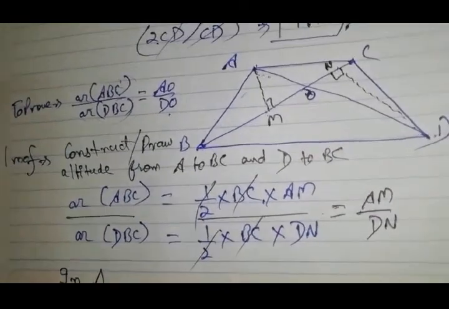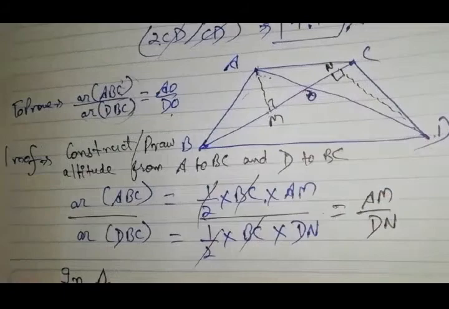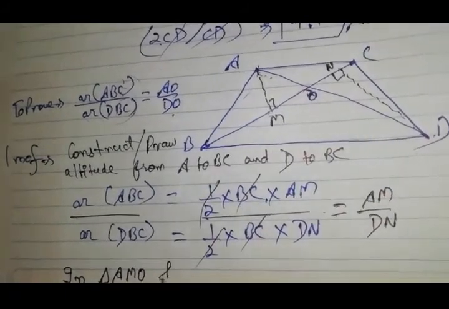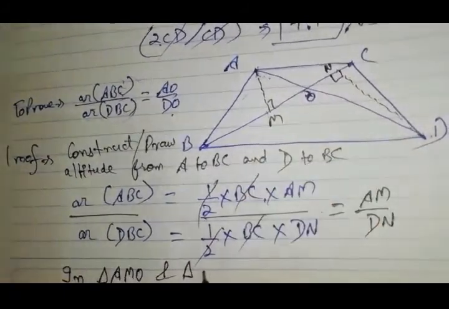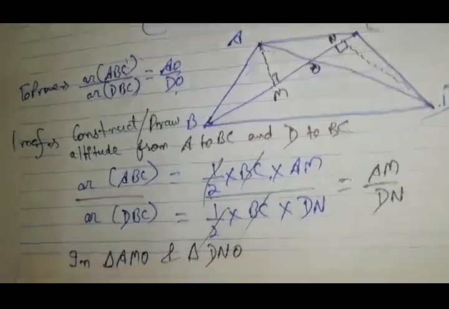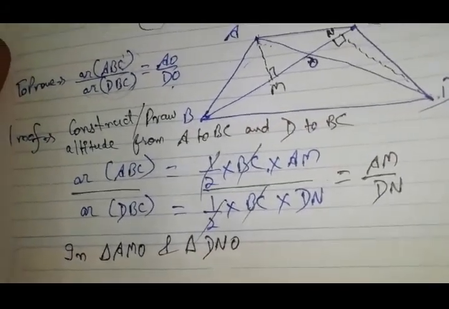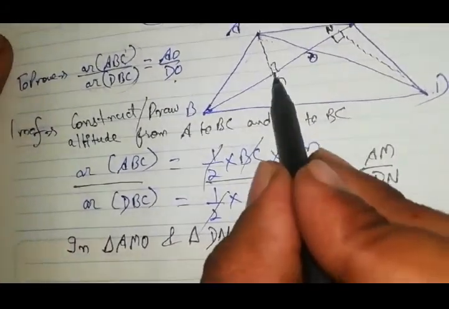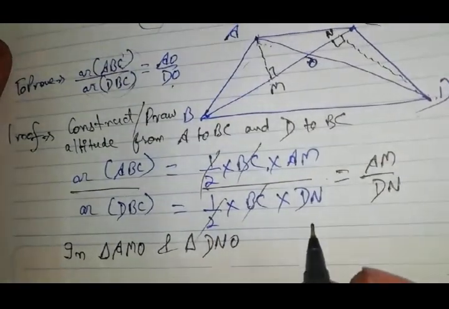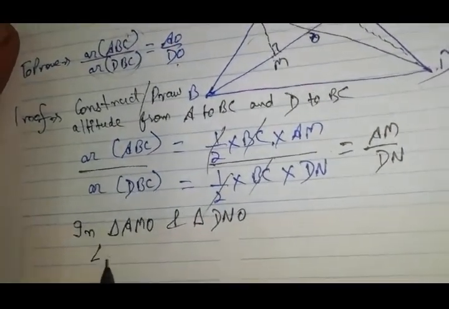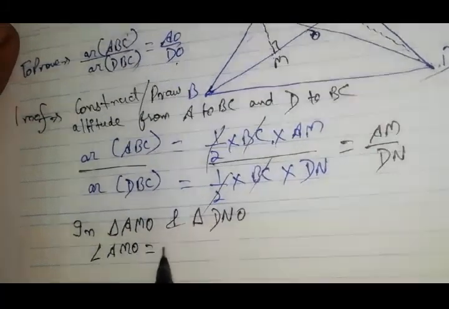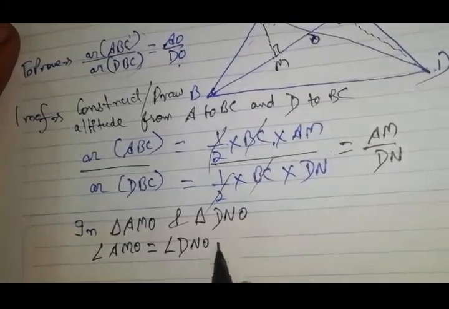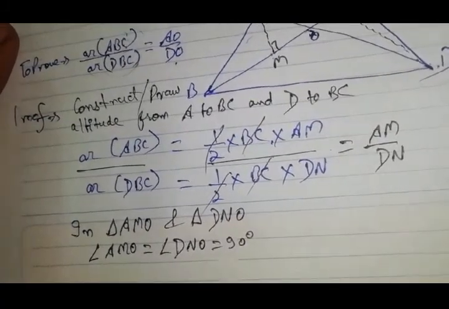First of all triangle AMO, and the other triangle is DNO. Now in these two triangles, one of the angles is 90 degrees each. So one thing we have common, that angle AMO is equal to angle DNO is equal to 90 degrees, because AM and DN are altitudes.